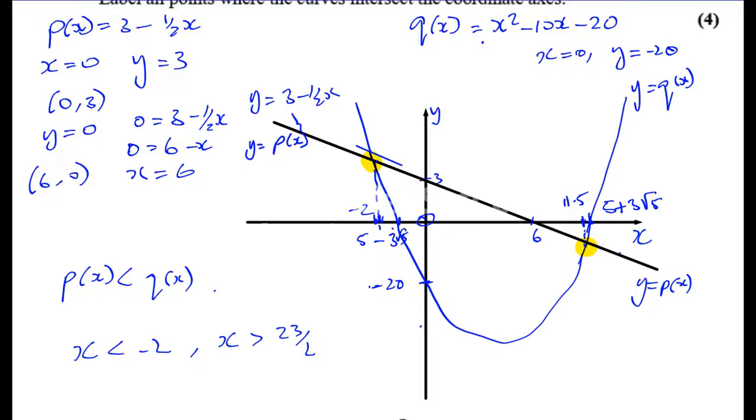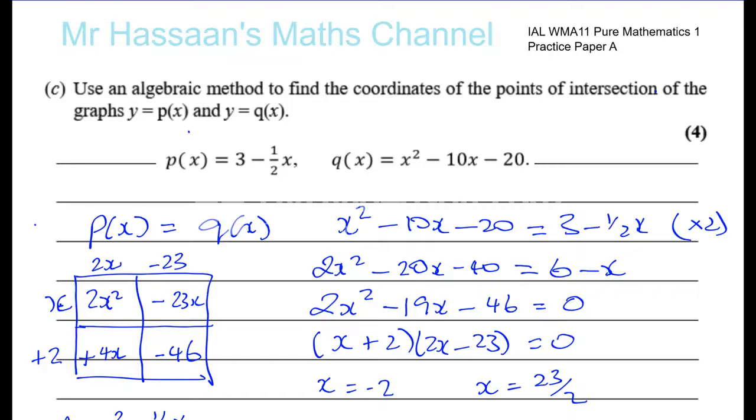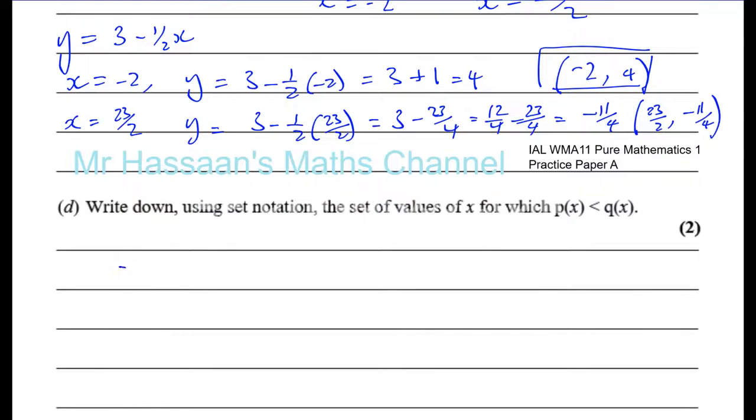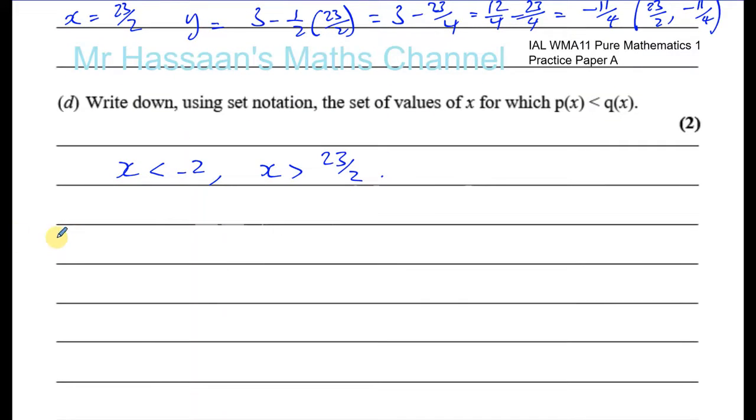Now, what they want us to do is to write this in set notation. So we have to write when x is less than minus 2 and when x is greater than 23 over 2 in set notation. So we can say x is such that, I'm going to put curly brackets, x is less than minus 2, union with x is greater than 23 over 2.